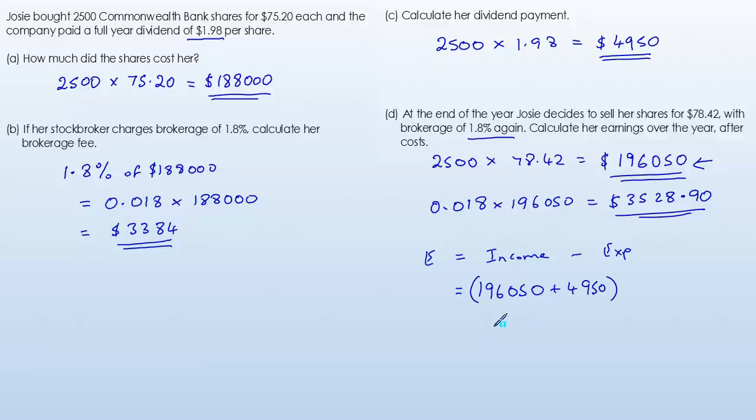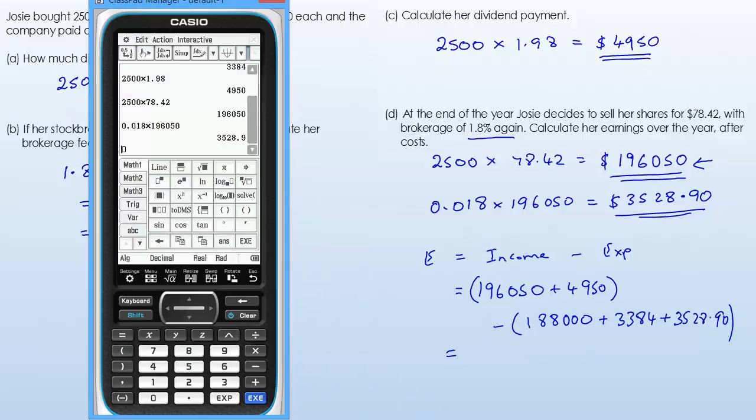As expenditure, she had the original cost and the brokerage fees. And that's both lots of brokerage fees. So this one was 3,528.90. And we just need to calculate that.